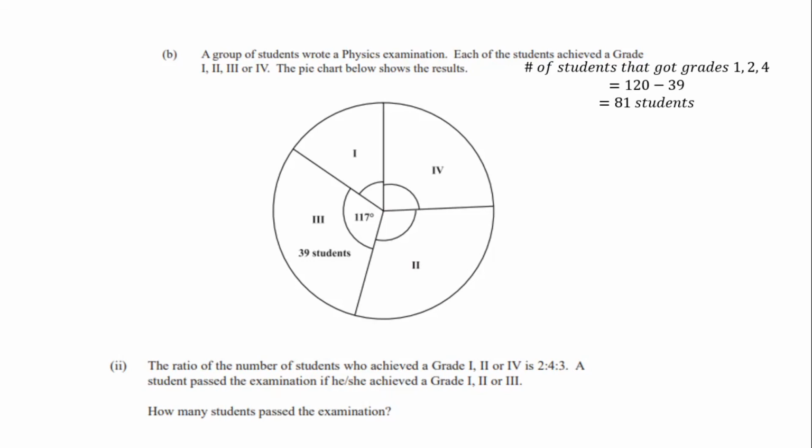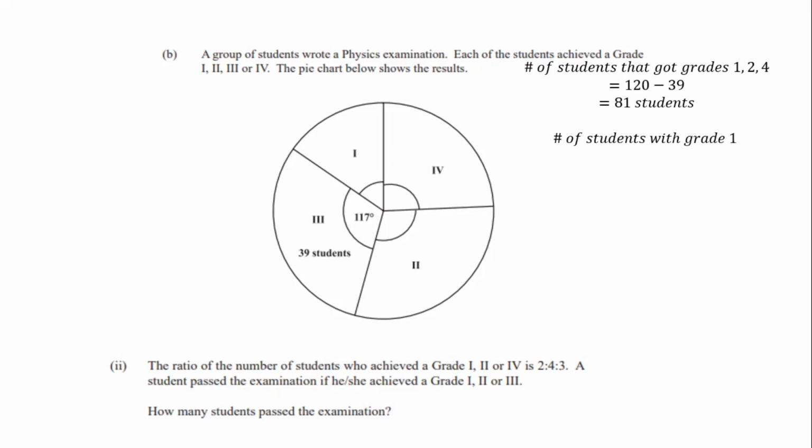So from this, we can now calculate the total number of students who got grade 1, grade 2, or grade 4, but we're more so interested in the students who got grade 1 and grade 2. So we can add those number of students to the 39 students from grade 3 to determine how many students passed the examination.